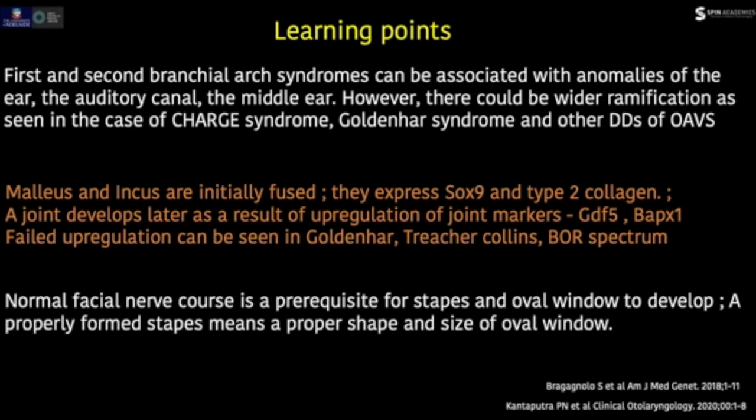A joint develops later as a result of upregulation of GDF5 and BAPX1. Therefore, failed upregulation can be the reason why the malleus and incus are fused. Normal facial nerve course is a prerequisite for the stapes and the oval window to develop. A properly formed stapes means a properly shaped and sized oval window.